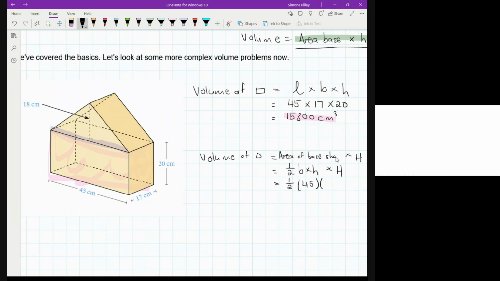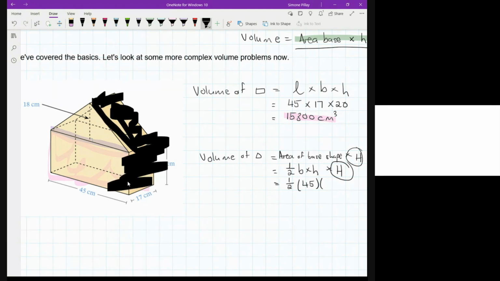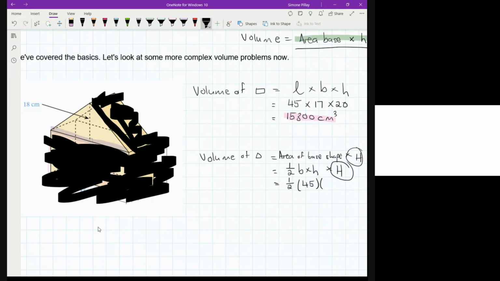So right now, just ignore this height. Ignore your big height. We are calculating the area of our base shape, which is the triangle. If we were looking at the triangle by itself, ignoring everything else, what is the height of that triangle?